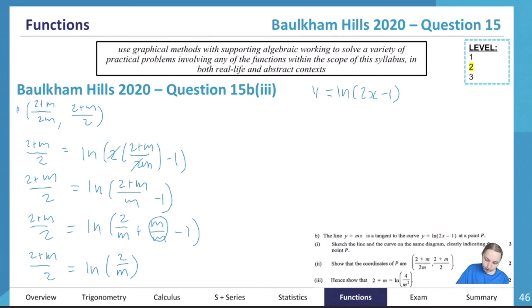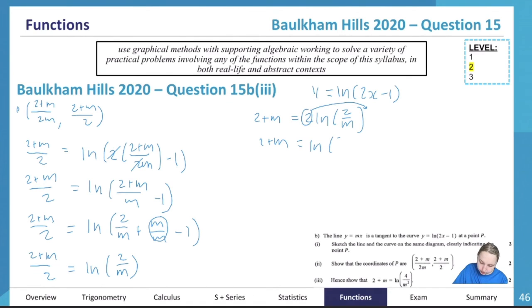So then we can multiply that 2 out. 2 plus m equals 2 ln 2 on m. Then from there, what do we want to do? So our 2 plus m equals, we can put this 2 back up here because of one of our log laws.